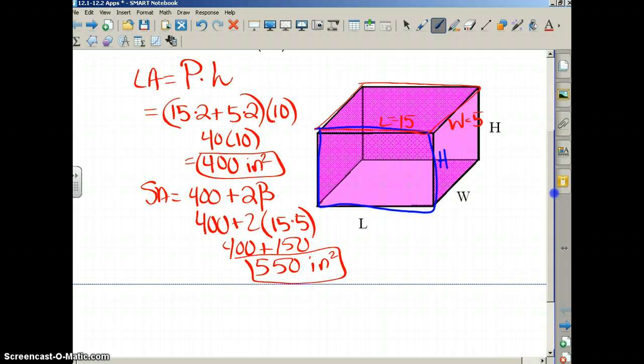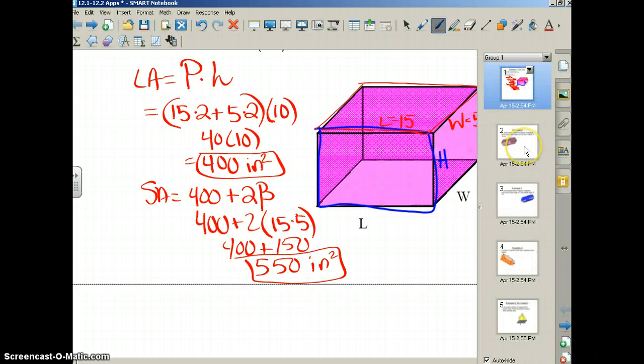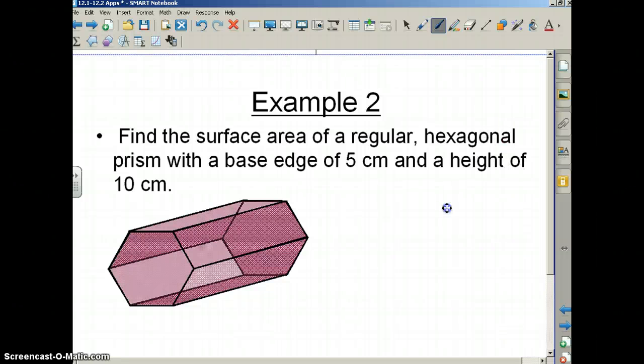All right, let's try another one. Here we're dealing with a hexagonal prism. It says that it's regular, and we're finding the surface area. It has a base edge of 5, which means the base of the hexagon is 5, and a height of 10.